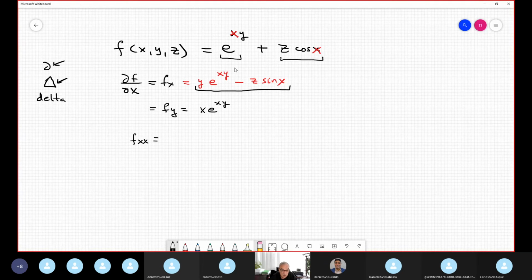So this situation happens similar. Exponential is the same function, but when you differentiate the argument with respect to x, one y extra flies outside. So y squared e to the xy. Everyone follow me, guys? Minus, I don't know if it's minus or plus. Well, sine is cosine, so c cosine. This is the second derivative. When you differentiate 2 times with respect to x.